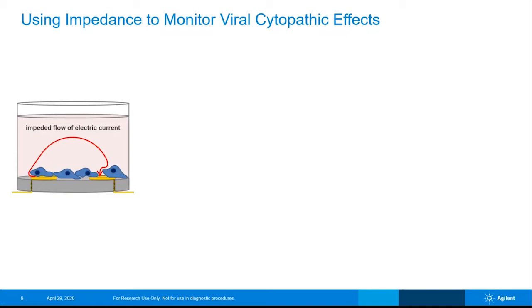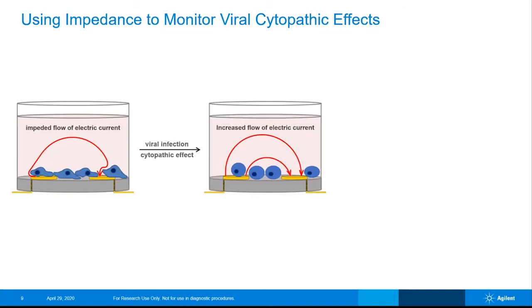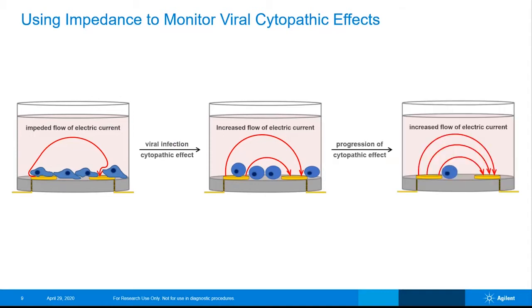At early stages of the cytopathic effect, even before you've seen a change in cell number, just the loosening of the interaction with the plate bottom and the rounding of those cells will result in greater ability of current to flow through the system. And then, of course, as you progress through the viral cytopathic effect, you'll see cells beginning to lyse or detach altogether, and then current flows even more easily.